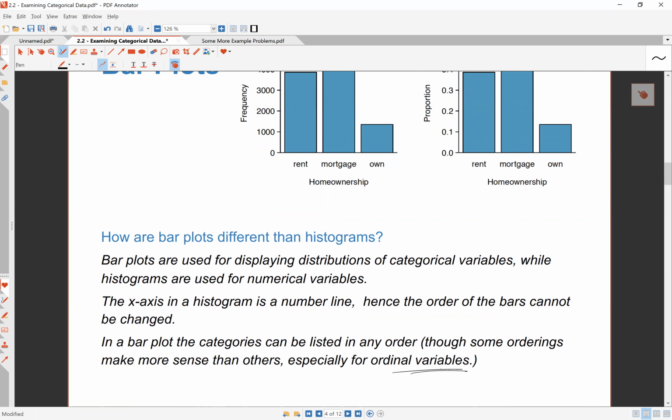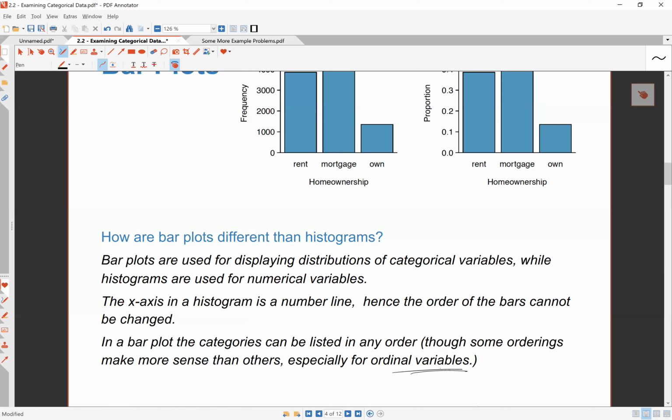Whereas when we were doing histograms with numeric variables, you can't switch up the order of the bars because they're tied to the numeric axis, like age 20 to 25, 25 to 30, 30 to 35.